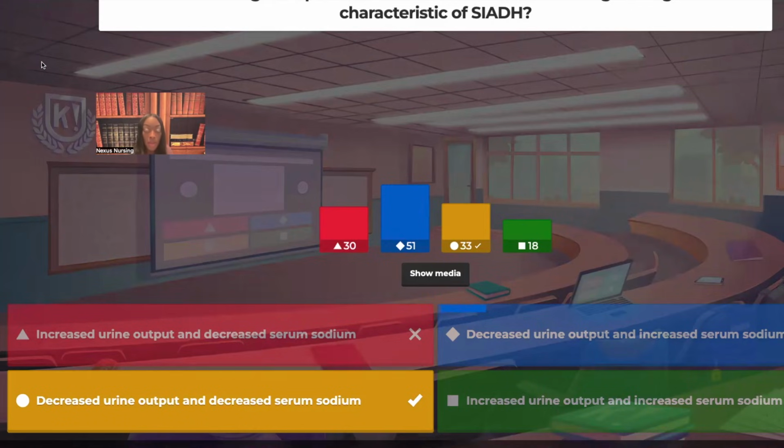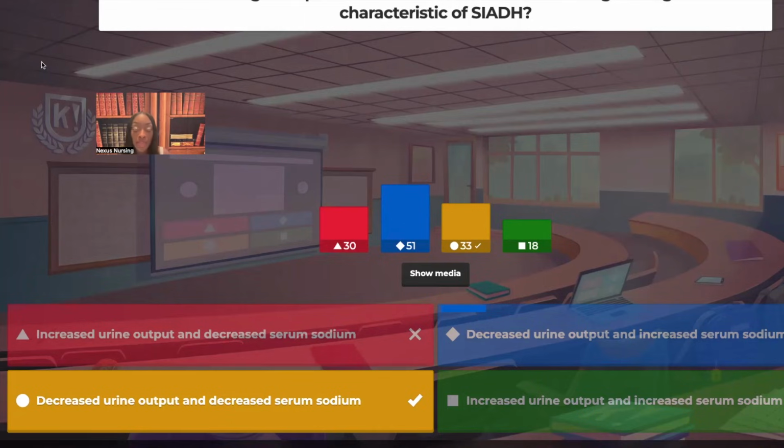Okay. Wow, only 33 of you guys chose the correct answer. So let's talk about this. SIADH is syndrome of inappropriate antidiuretic hormone. What is happening? Patient has way too much ADH, way too much antidiuretic hormone that's being secreted. What is antidiuretic hormone? Anti, against, diuretic, urinating all over the place, hormone.